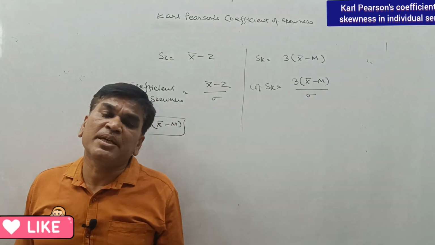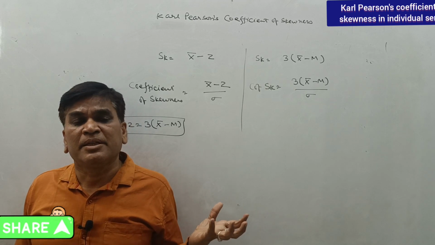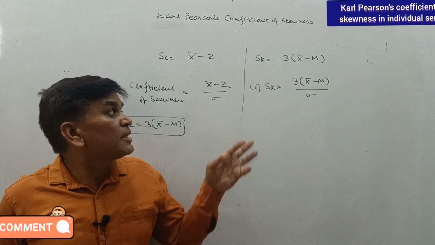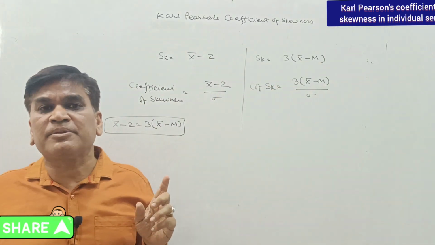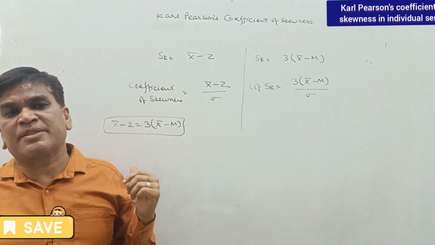Sometimes the question also mentions that you should calculate the Karl Pearson coefficient with the help of the median; then we have to use this. It means our first choice to calculate skewness by the Karl Pearson method is x bar minus z.